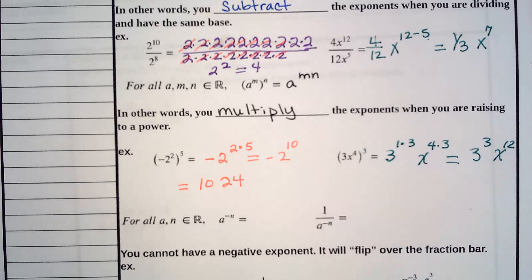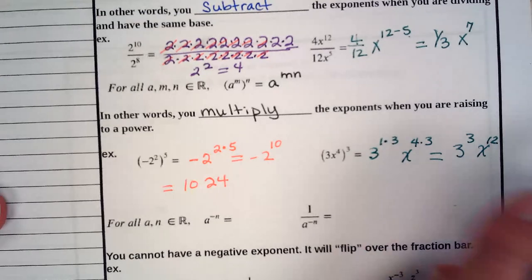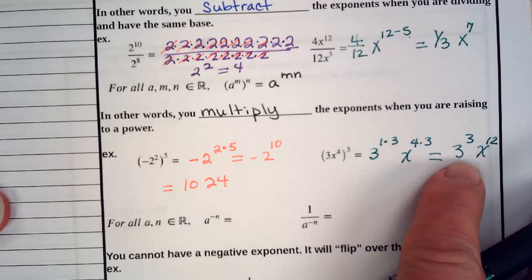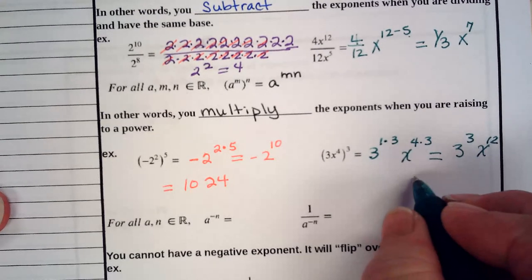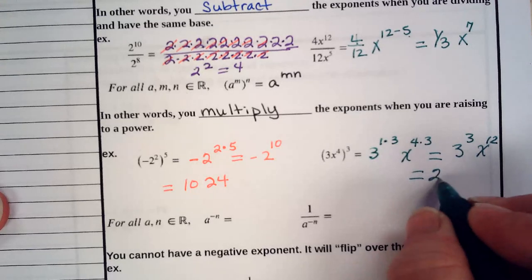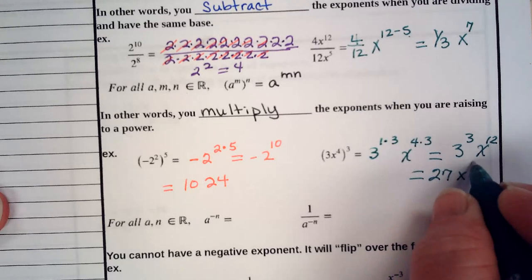I'm almost done. If they want it in exponential form, that is it. However, if they want it as a number, 3 times 3 is 9, times 3 again is 27. So this is equal to 27x to the 12th power.